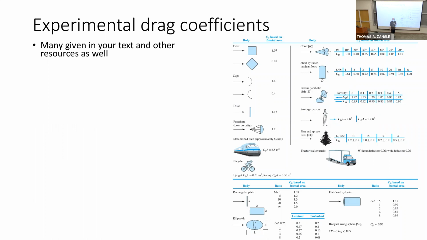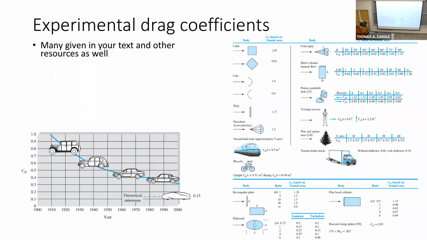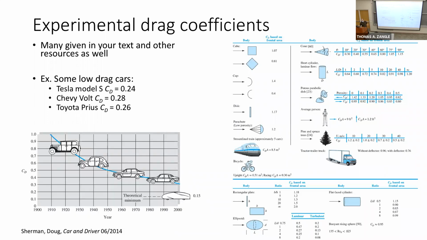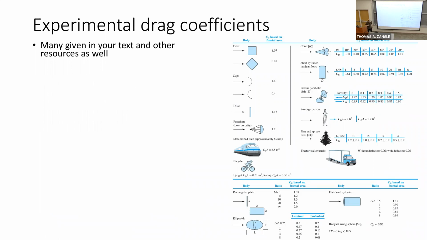Sometimes, though, you'll often see drag recorded as CDA. So if you look down here, here's for a person on a bicycle. You'll see upright CDA 0.51 square meters, racing CDA 0.3 square meters.